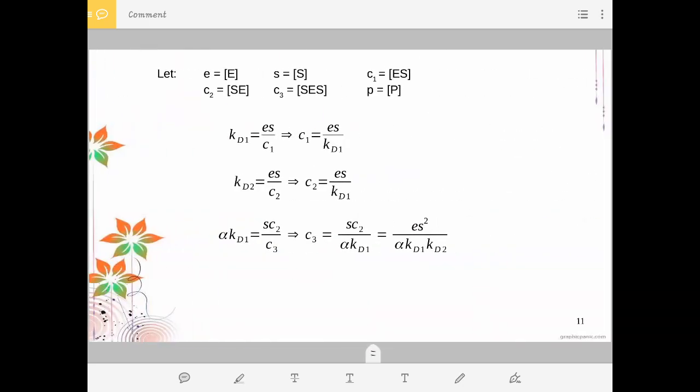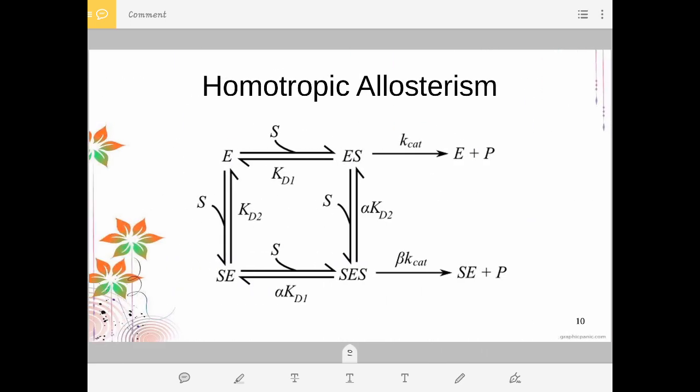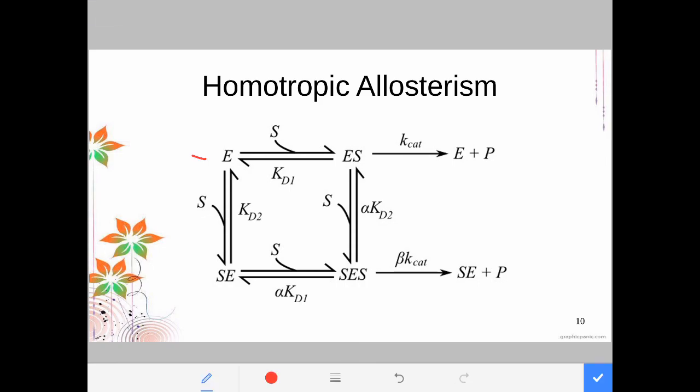Now, unlike the previous video where we used the law of mass action and modeled the changes in the concentration over time of each species, we will try a different approach this time. Why? Because remember, how many different species do we have? We have the enzyme, the first complex, the second complex, and the third complex.